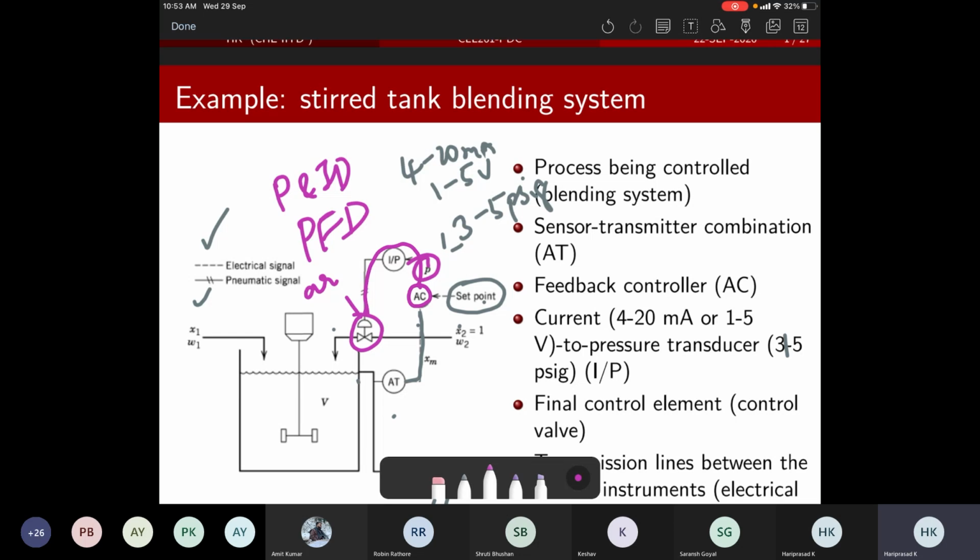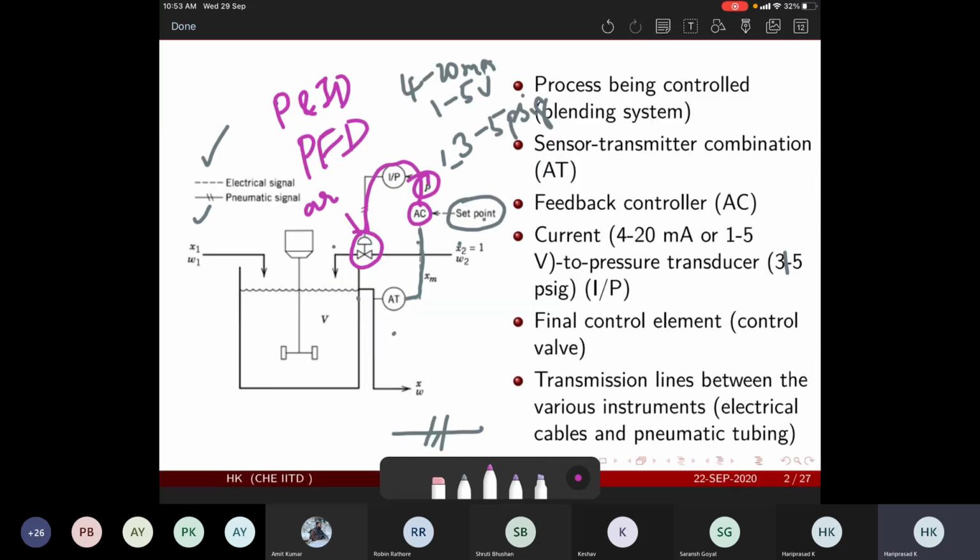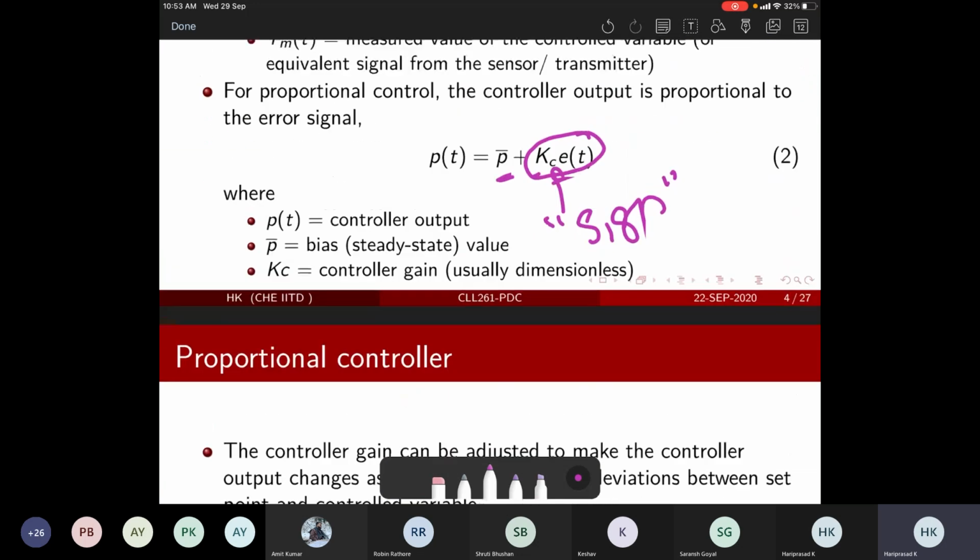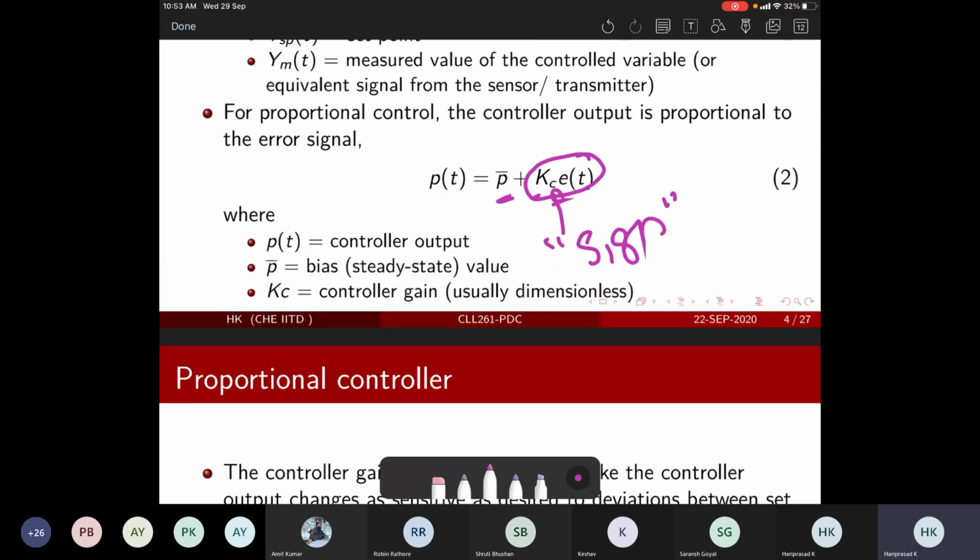So you will have to check what type of control valve you have kept there, because you might have kept air to open or air to close, depending upon whatever you have bought from your market. You will have to identify the sign, whether it should open or close. But the simple logic we are trying to say is that if the error is more, you act more, which is very fair.